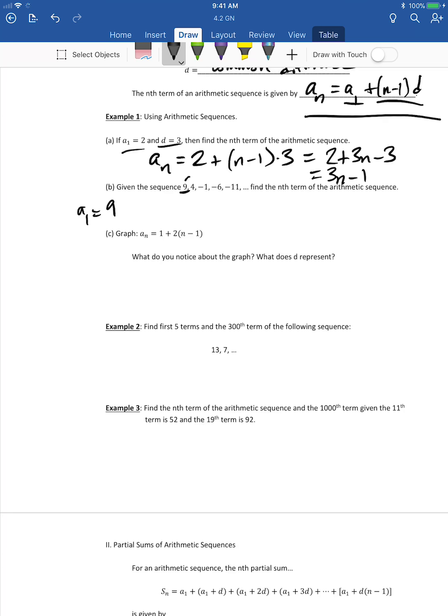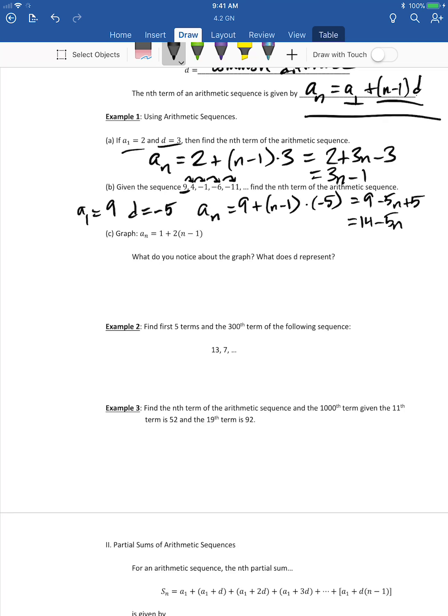And then what am I adding or subtracting to each term to get the next term? I'm subtracting 5, so d equals -5. That means a sub n is 9 plus n minus 1 times -5. And again, I can simplify this. 9 minus 5n plus 5, or 14 minus 5n.